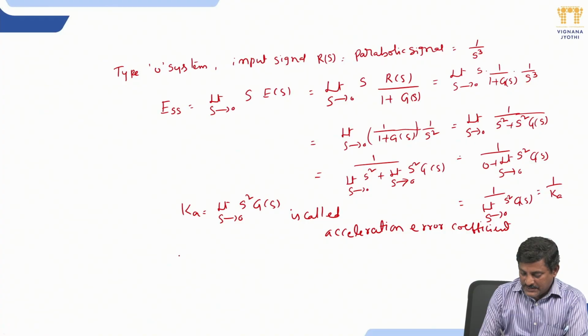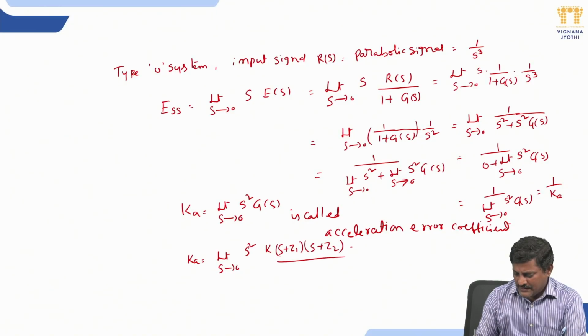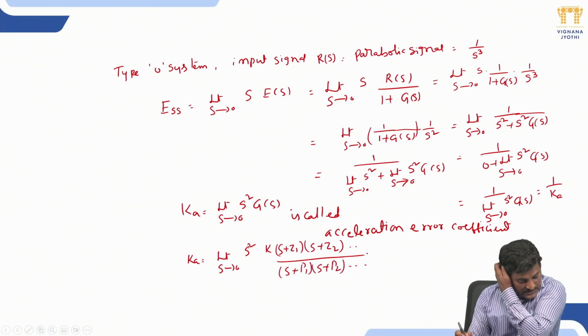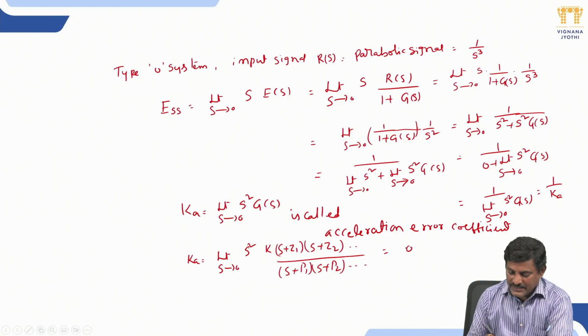Now you find Ka for this one: limit s tends to 0 of s square into G of S, some K into s plus z1, s plus z2 by s plus p1, s plus p2, etc. Substitute here, it becomes 0.